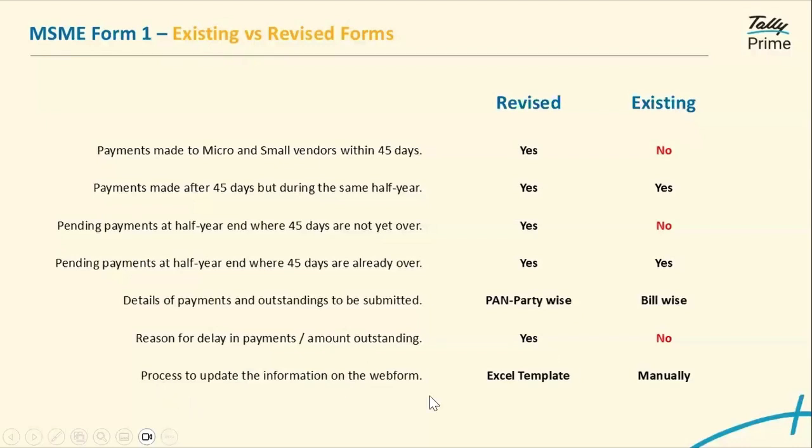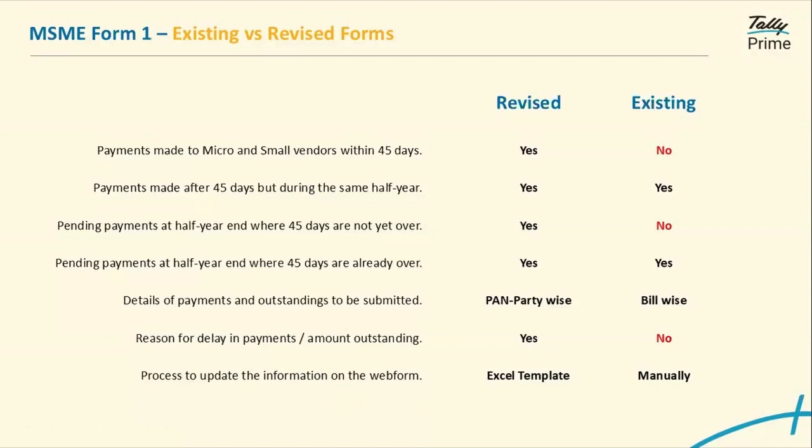Earlier, the entire process to fill the form was manual, means Tally was providing you a document file in the form of a print preview format. You were generating the document, and by referring to that document, you would pick the values and fill the online form. But now, in the revised format, they have come up with an Excel import option.